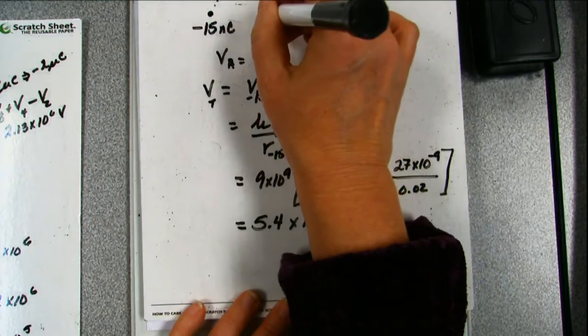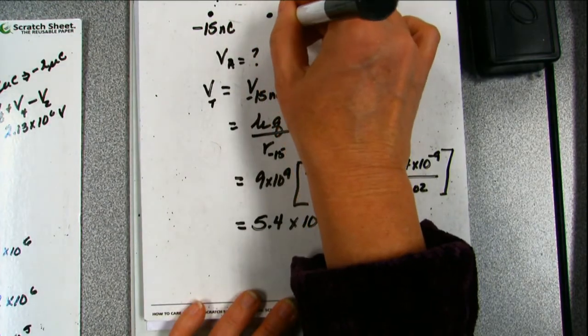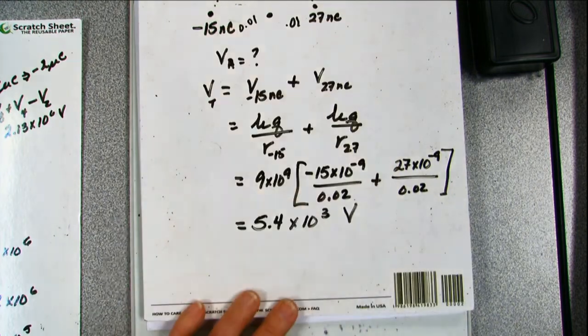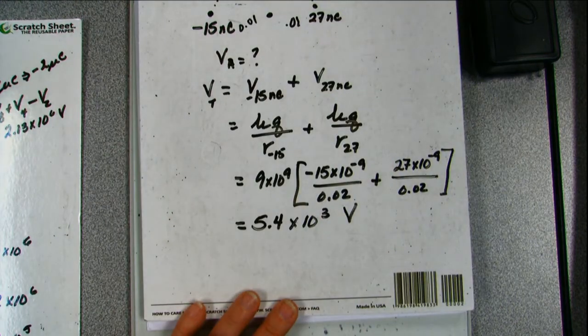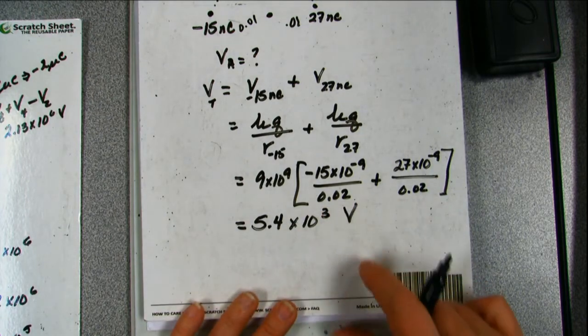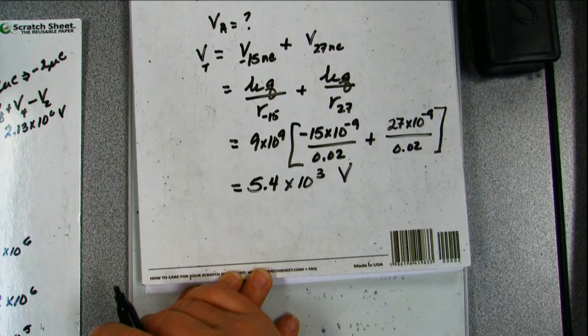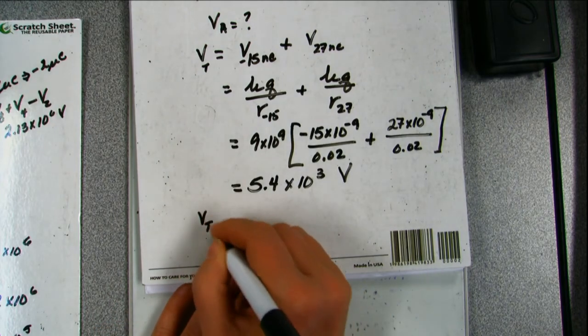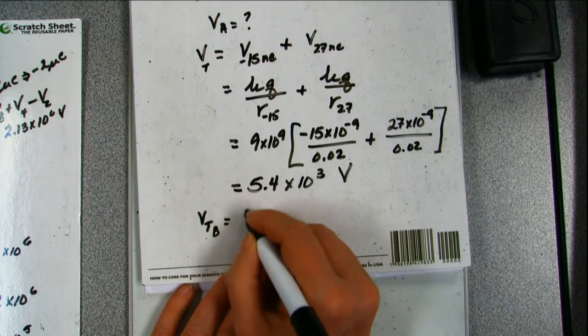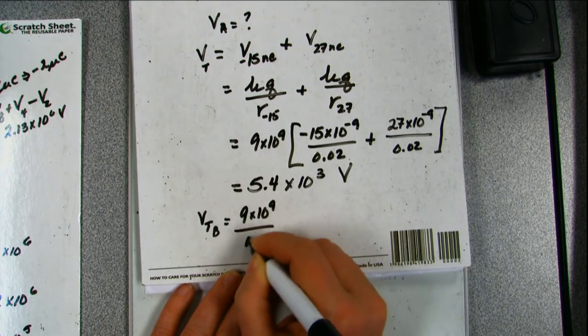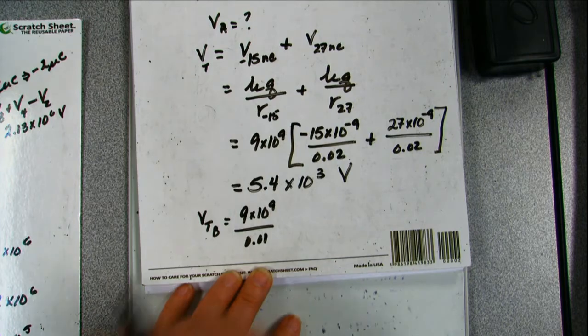If I want to find it at point B, where this is 0.01 and this is 0.01, I want to do the exact same thing, except now I put a 0.01 in there. V total at B is going to be 9 times 10 to the 9th, 0.01, because they're both 0.01.